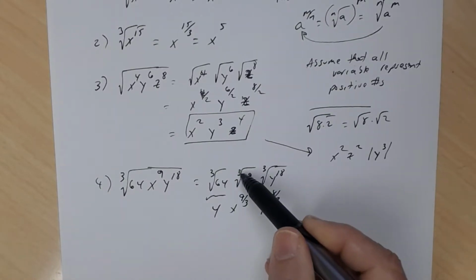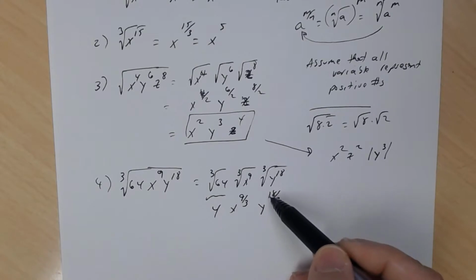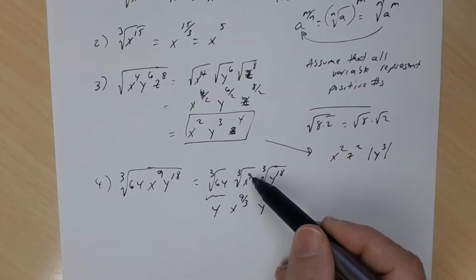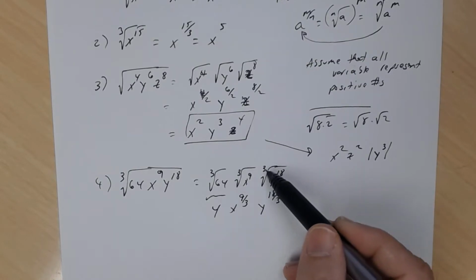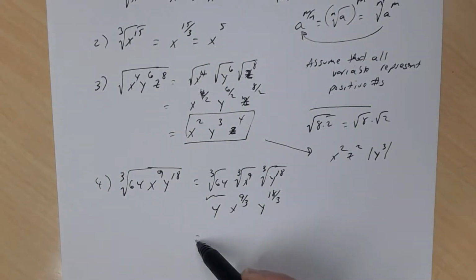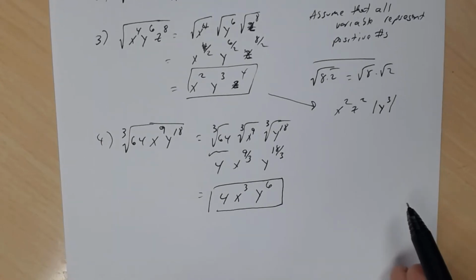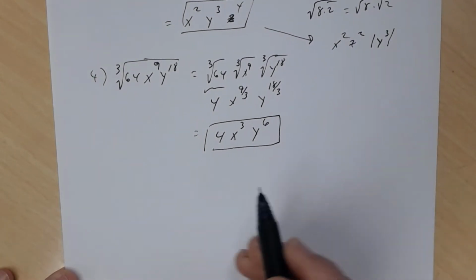Remember, your index is your denominator, so you're going to convert this to a rational exponent. And so you get 9 divided by 3, 18 divided by 3. And so your answer would be 4x cubed y to the 6.